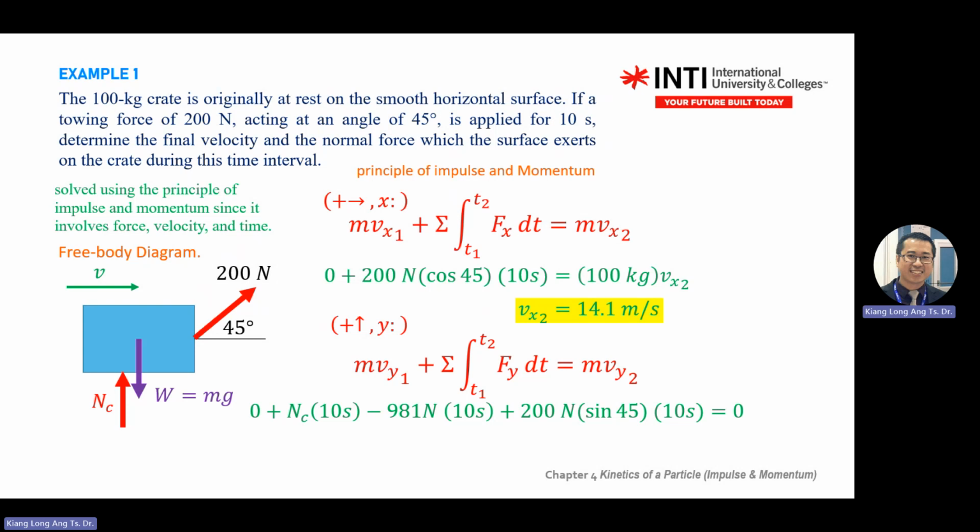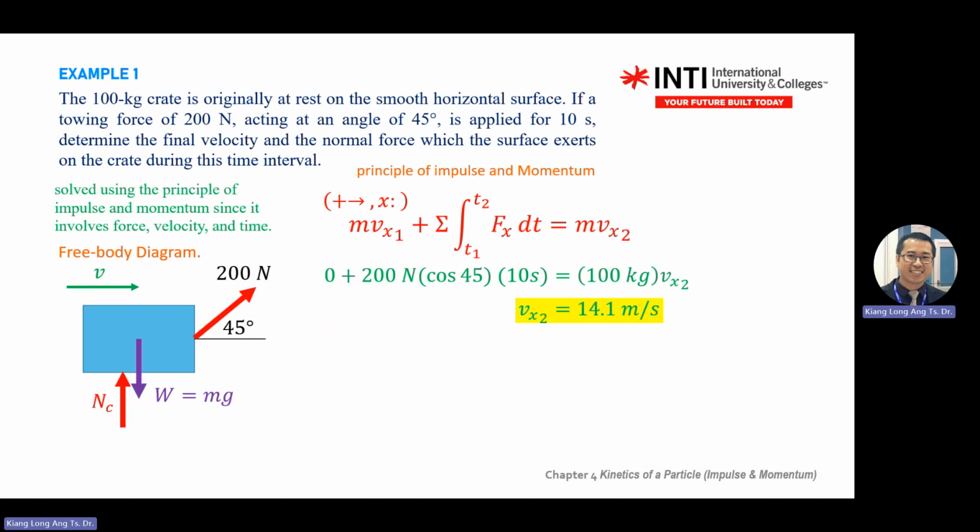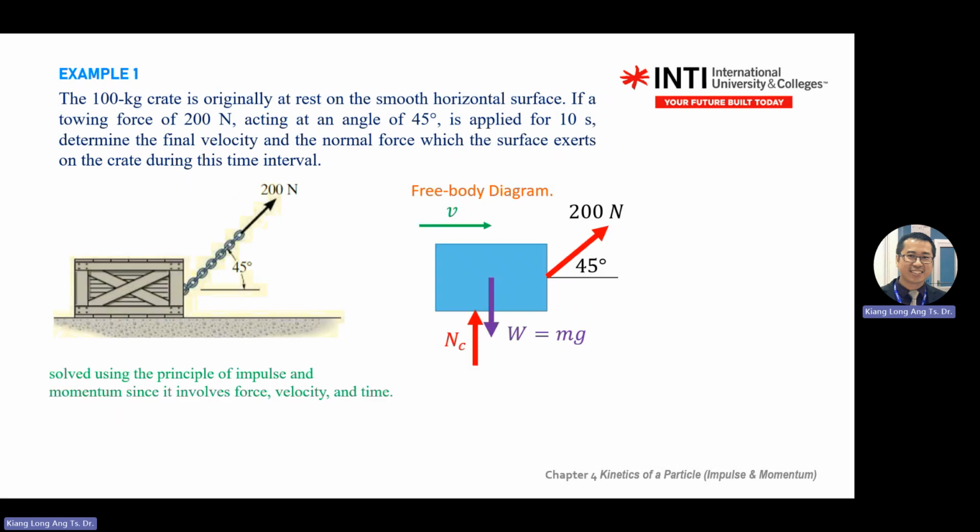What is impulse? Impulse is force multiplied by time. NC is in y direction, W is also in y direction, and this one split out, going up positive, is also in y direction. Why is Vy2 0? Because the object does not move up.